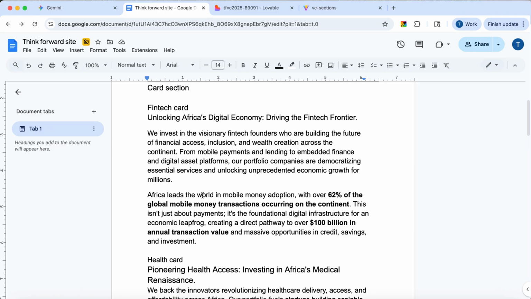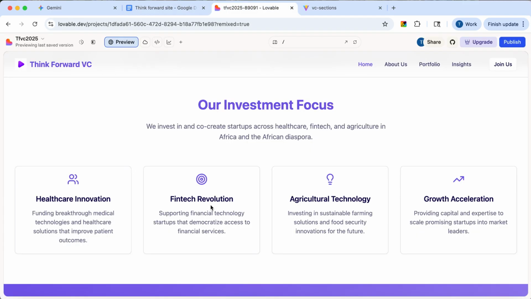But it's a great first draft. At the very least, it's something to give them to think about, and it puts them in a direction. And the information set is way better than just the cards with the one-liner of fintech supporting financial technology startups.